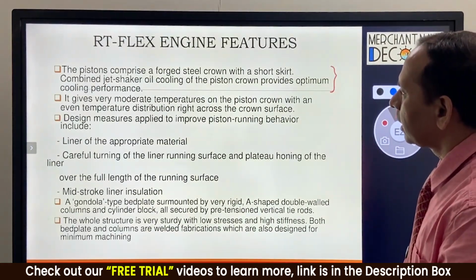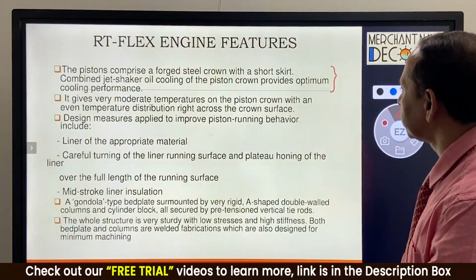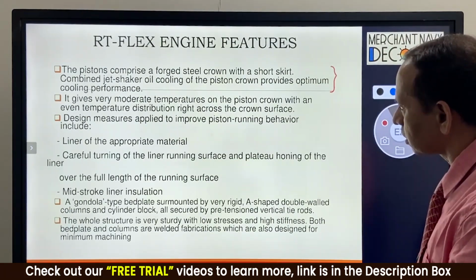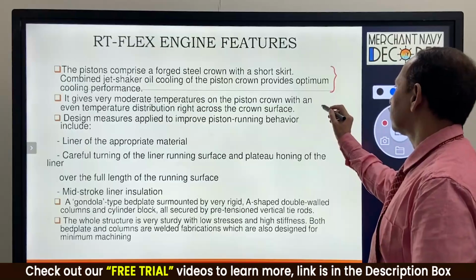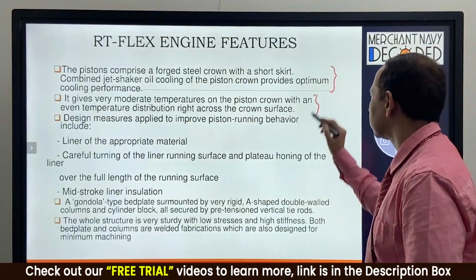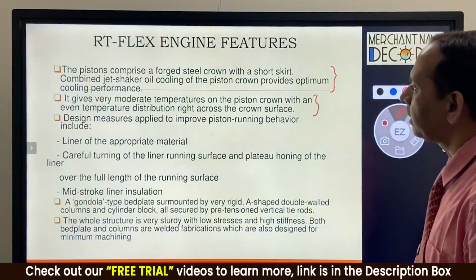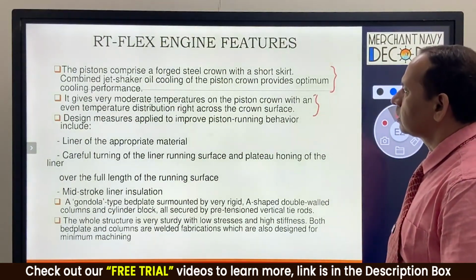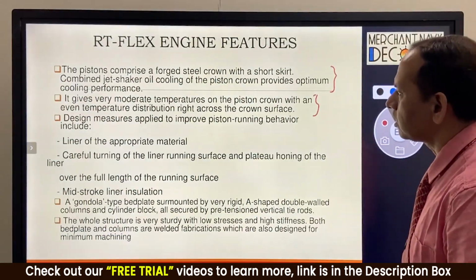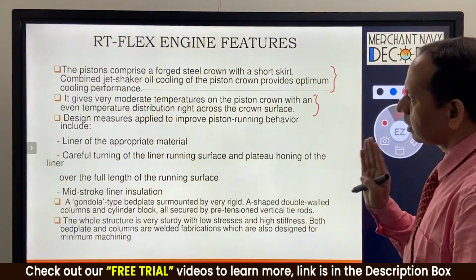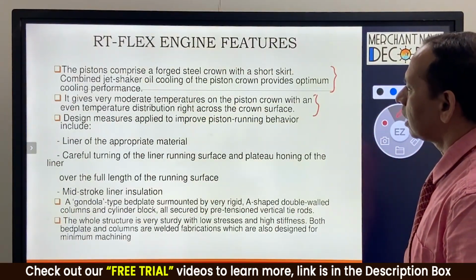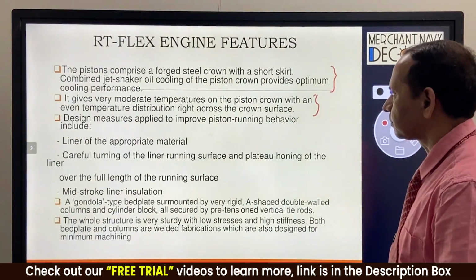Then it gives a very moderate temperature on the piston crown with an even temperature distribution right across the crown surface, because of the piston crown profile as well as the cooling design which this engine has been provided. This is going to give an even cooling surface, and in this way no piston part will be in a stressed condition under these very harsh conditions.